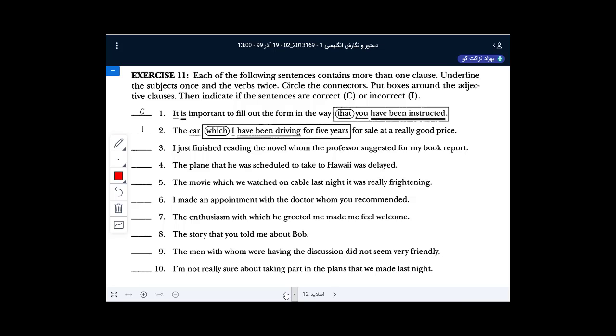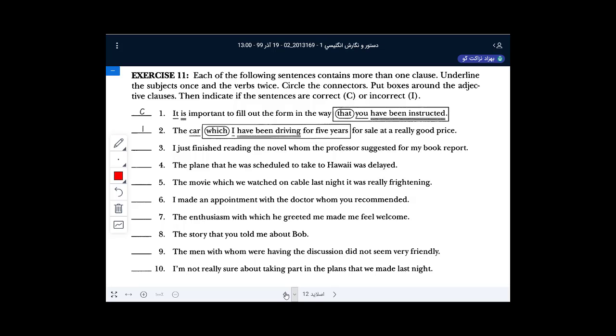There is no connector. There is no comma. So there should be some dependent clauses embedded there because we can't have two verbs for one subject.